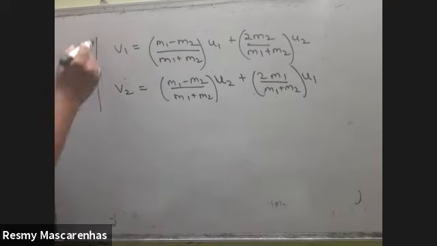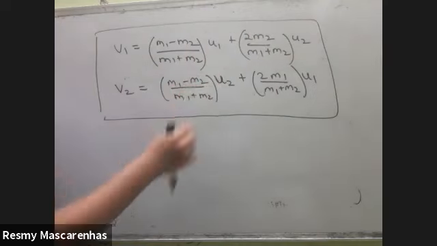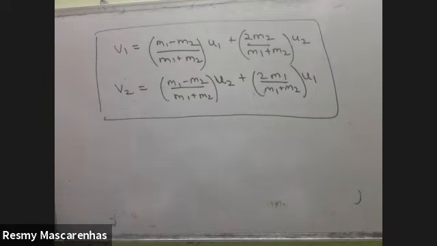You have to remember this in case you have to calculate the velocities after collision. If you know the initial velocities of the objects and the masses, you can always calculate the final velocity. So there are different cases. Accordingly, this formula can change.